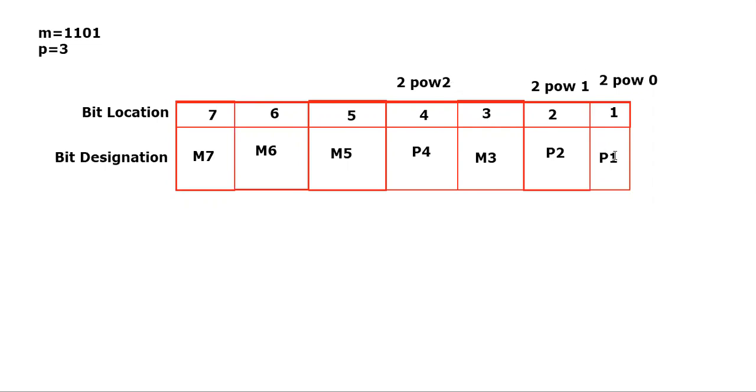These powers of 2 represent the parity bit positions, and the remaining positions represent your message, that is 1101. Now I'm going to add the messages here. We know the values of M7, M6 and the rest, so we'll be adding those messages here.